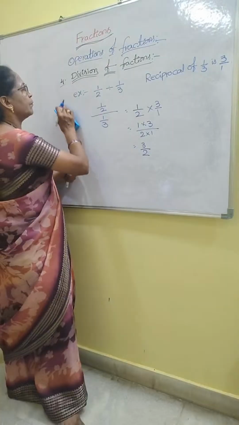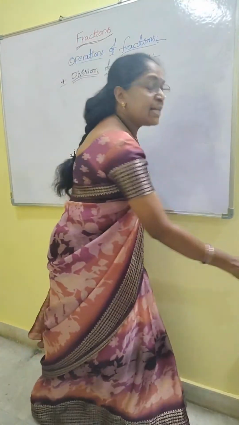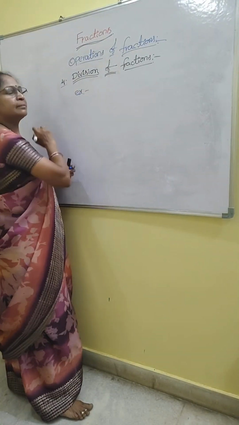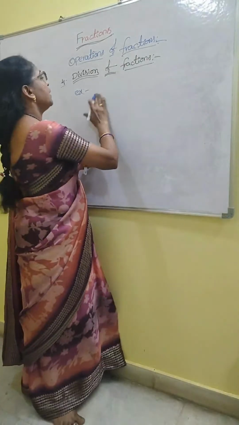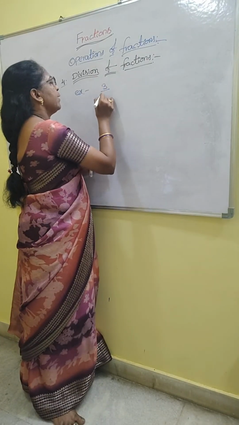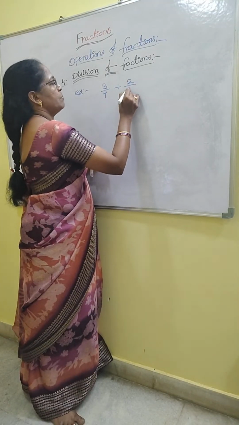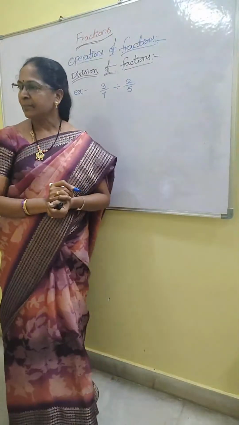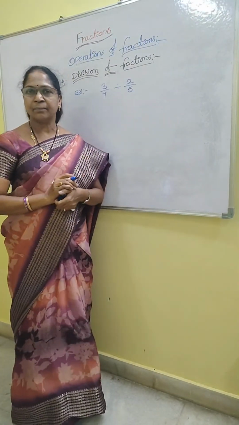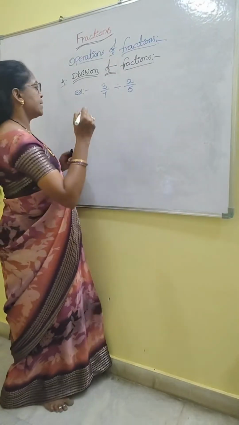Now see, next, one more example here. Now division of fractions. One more thing I want to tell you. Here 3 by 7 divided by 2 by 5. Now again, you have to follow what I say.